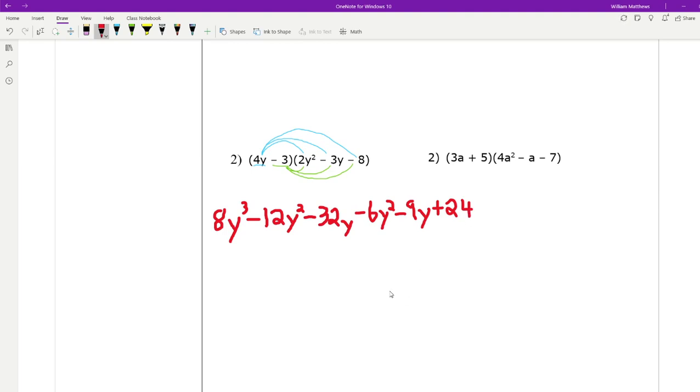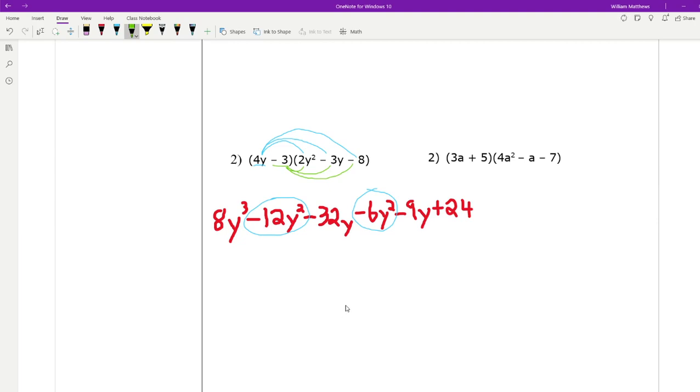So now there's quite a bit. This is where our little designs, our boxing of like terms, helps out. I look through here, I see I have a y to the power of 3, and it is the only one. So I move to the next power. I have y to the power of 2. This shows up twice in all the expressions.